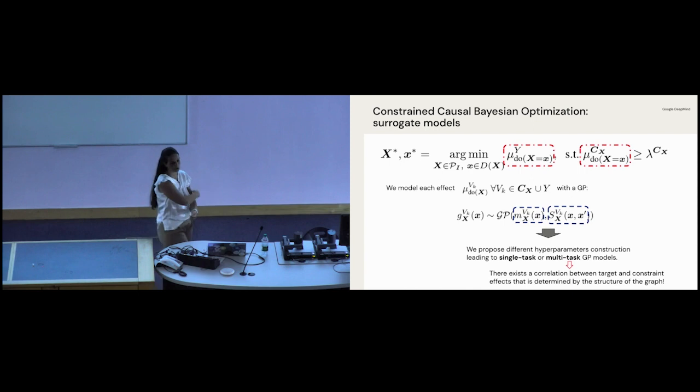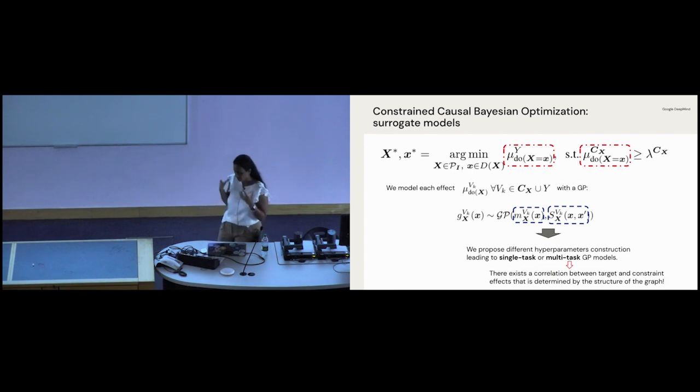So we don't want to use independent GPs to model the target effect and the constraint effect, because this would require collecting even more interventional data to update our belief about the constraint and to be able to identify the optimum. So we want to exploit as much as possible these two sources of data.